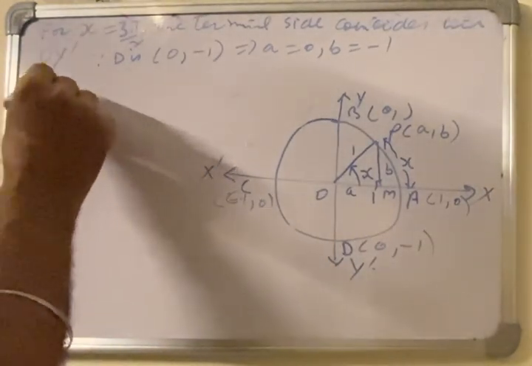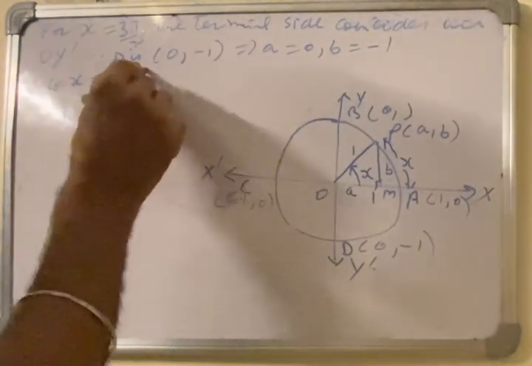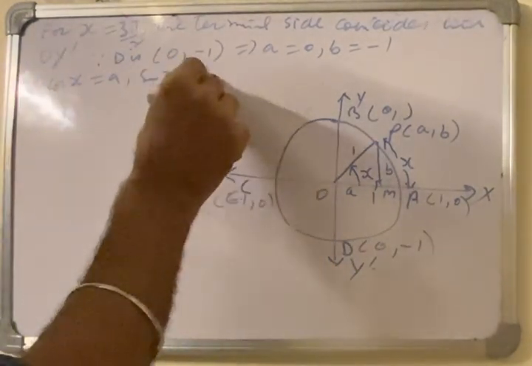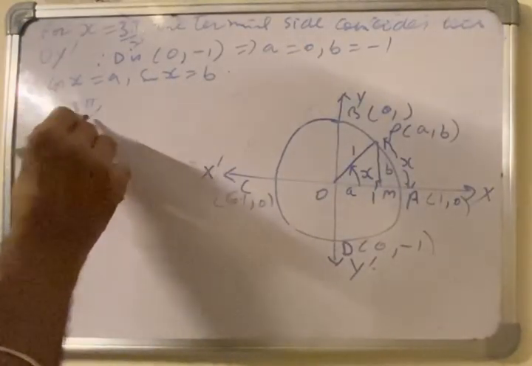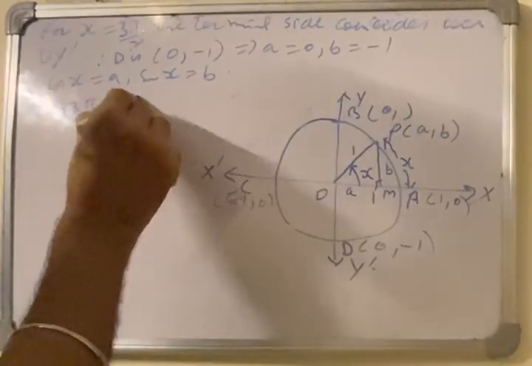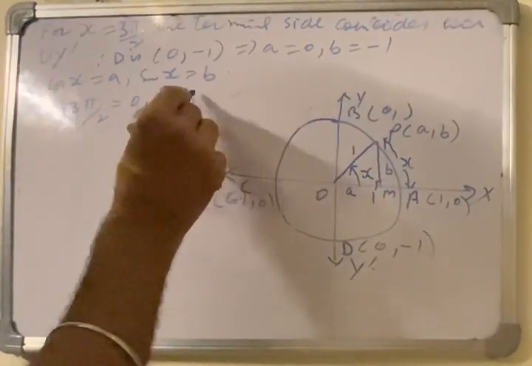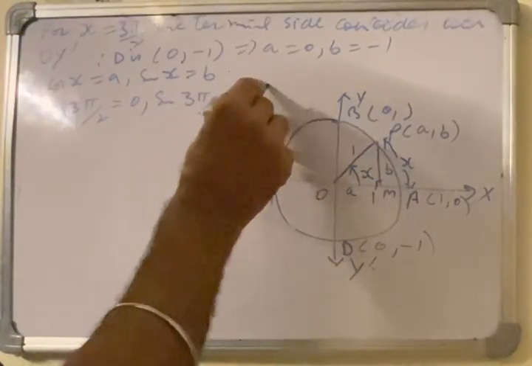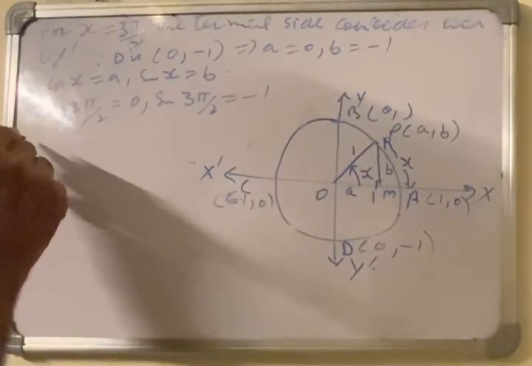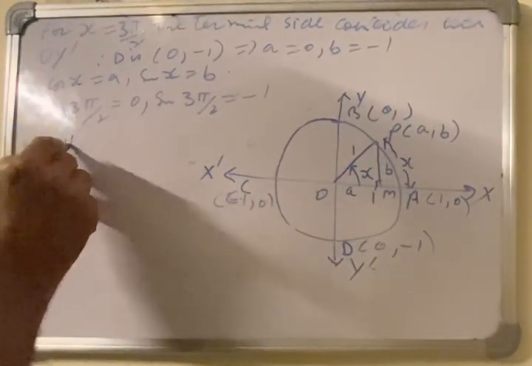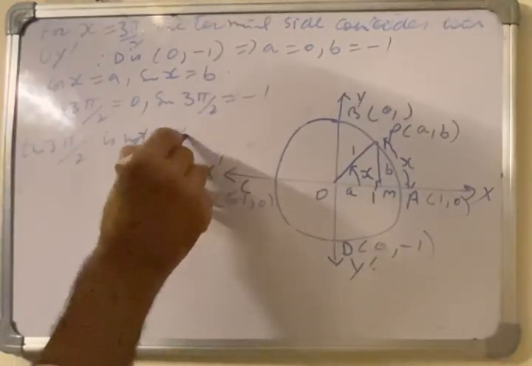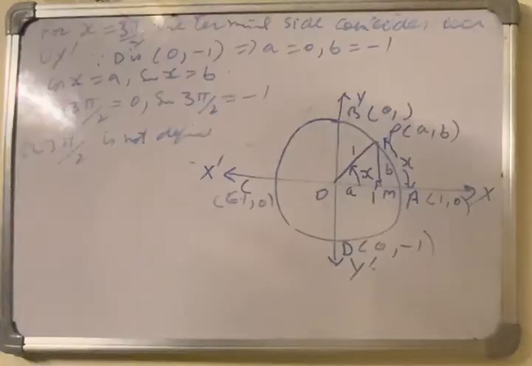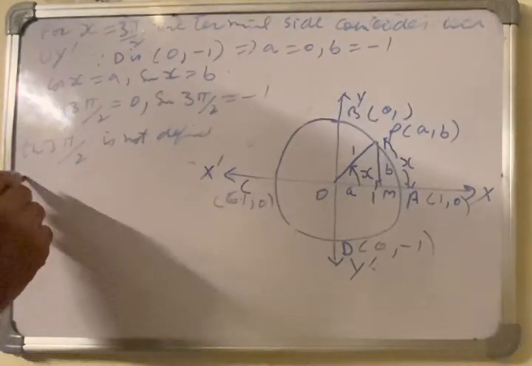Since cos x is a, sin x is b, this we have already defined. So cos 3 pi by 2 is 0, sin 3 pi by 2 is -1. Tan 3 pi by 2 is not defined. Why? Because it is -1 over 0.